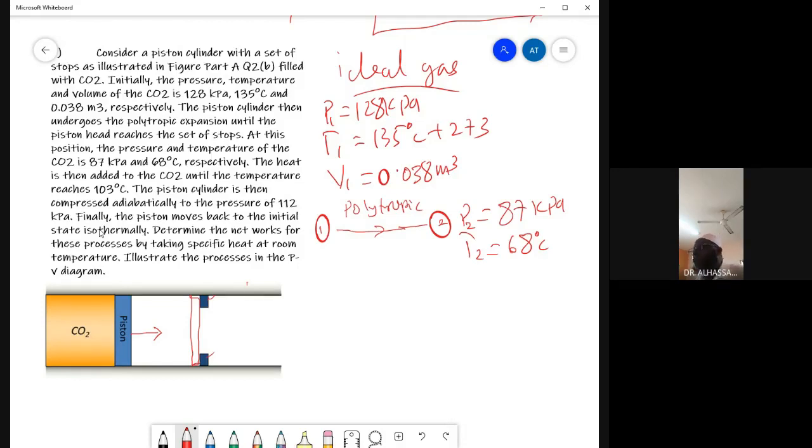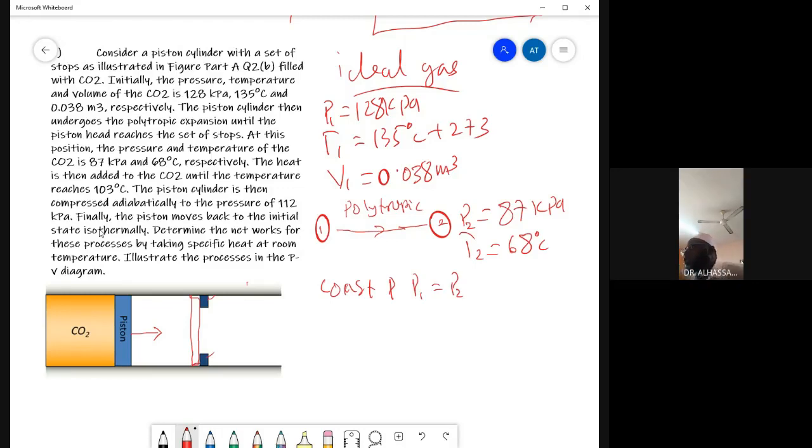Be careful over here. Don't be tempted to say that since the piston is moving from state 1 to state 2, it is a constant pressure process. You understand me? A polytropic process is different from a constant pressure process. If it were a constant pressure process, then P1 would be equal to P2, but it's not constant pressure.